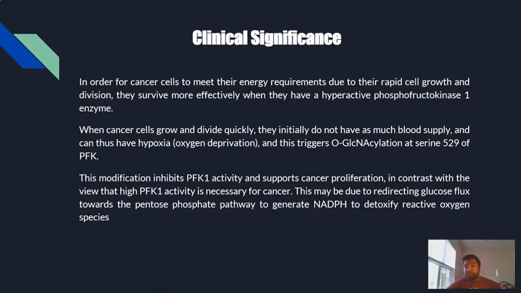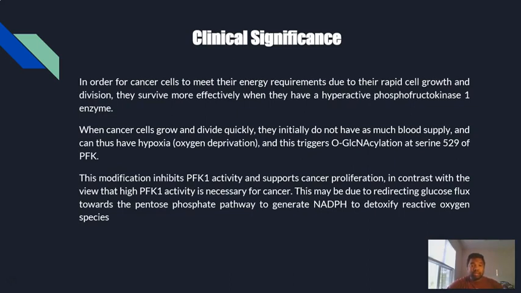So how does PFK play a role in cancer? In order to meet the energy requirements of rapid cell growth and division, cancer cells survive more effectively when they have a hyperactive PFK-1 enzyme. When cancer cells grow and divide quickly, they initially do not have as much blood supply and can thus experience hypoxia. This triggers O-GlcNAcylation at serine 529 of PFK1.